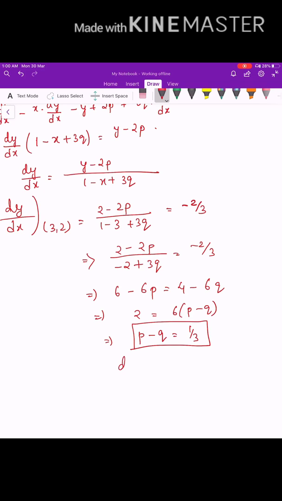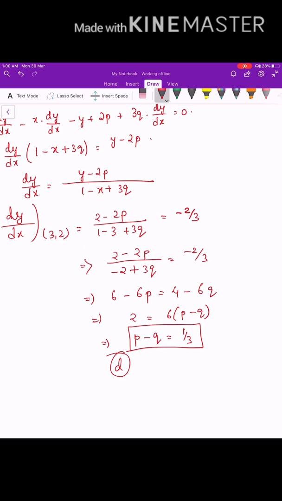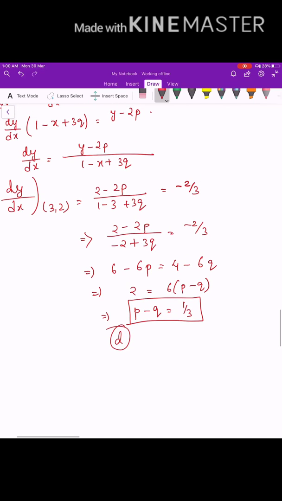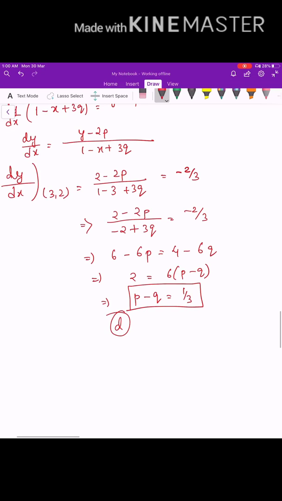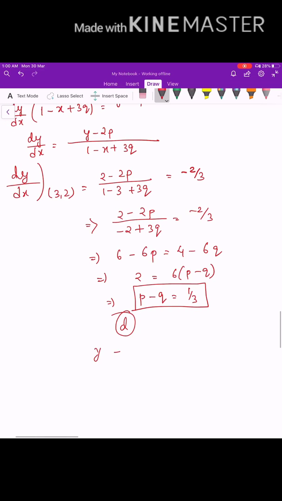But in option D, half minus 1 by 6, it becomes 1 by 3. So this is how I can find the value of p and q with the help of elimination. Also, if you want to find the equation containing p and q, in that case, what will I do?